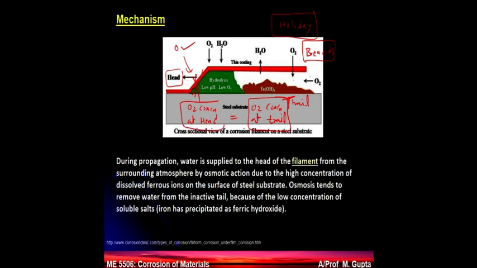So if there is no oxygen concentration difference, will the corrosion continue? Not really. Where will it form the cathodic reaction now? And that is why to fight filiform corrosion, brittle coatings are also recommended.